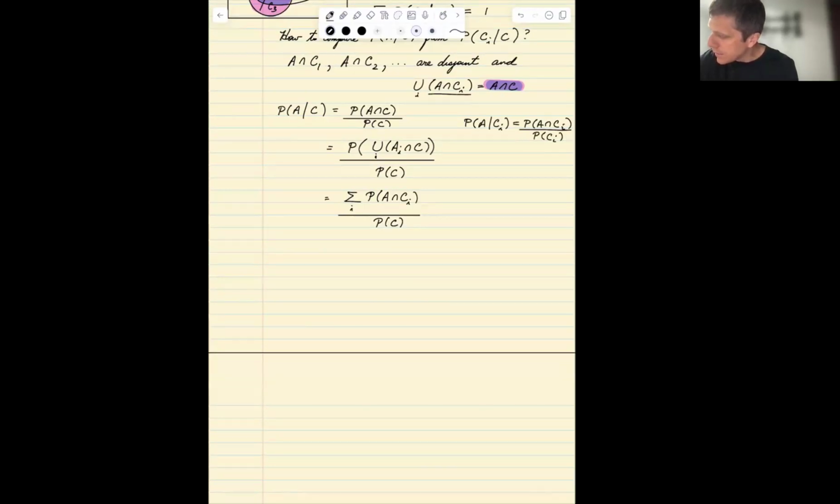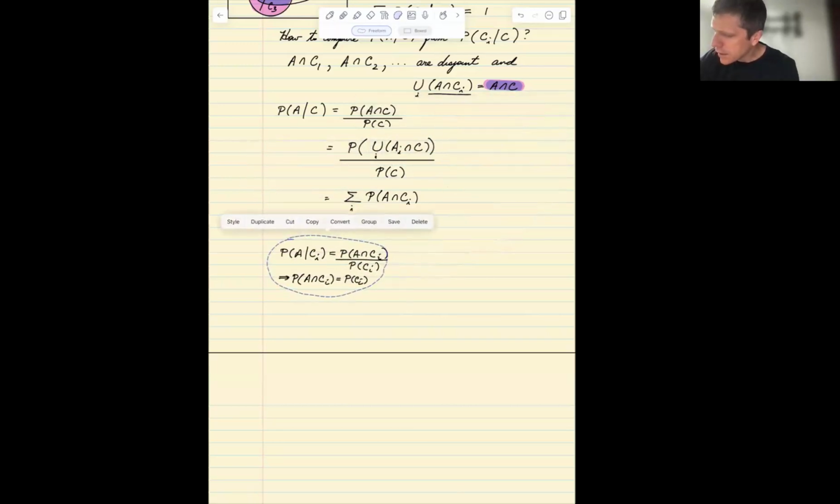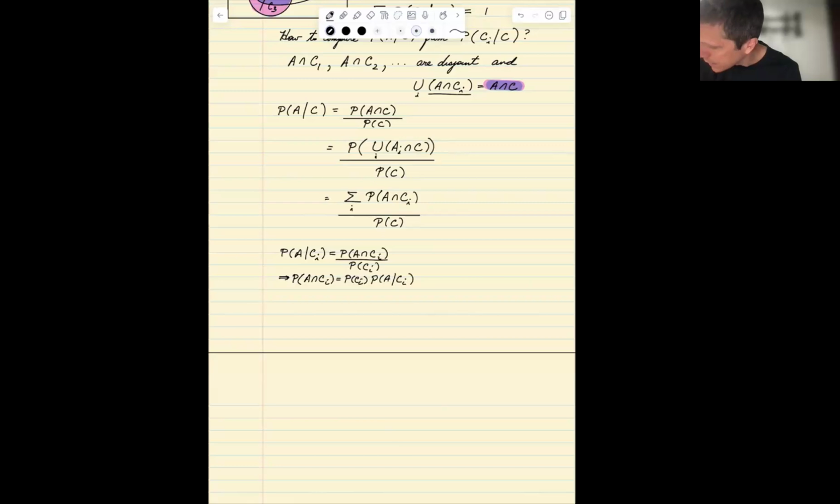By moving the denominator over, we can write the probability of A intersect Ci as equal to the probability of Ci times the probability of A given Ci.